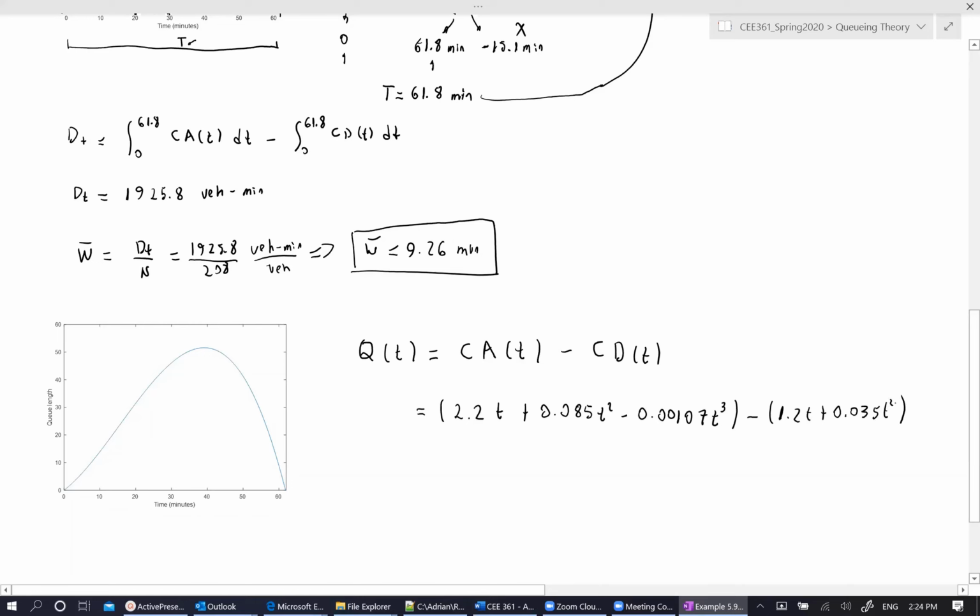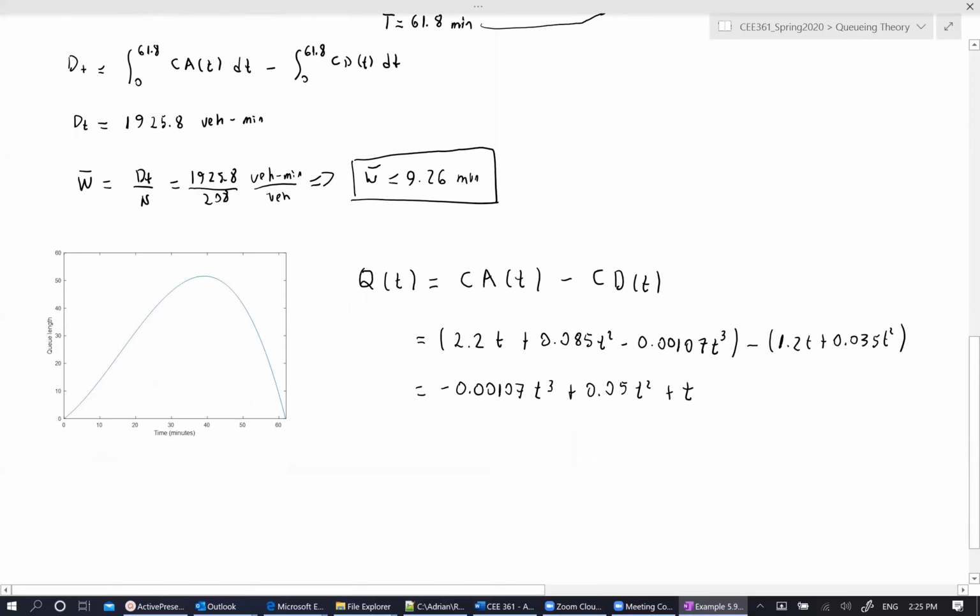If you simplify that, it will be minus 0.00107 t cubed plus 0.05 t squared plus t.